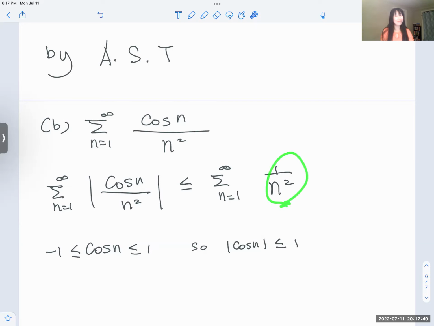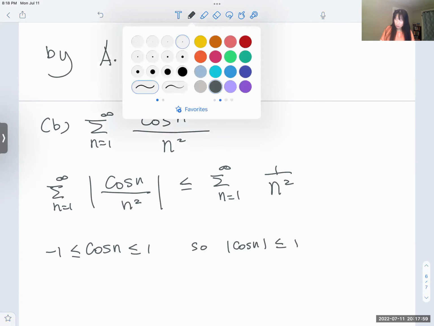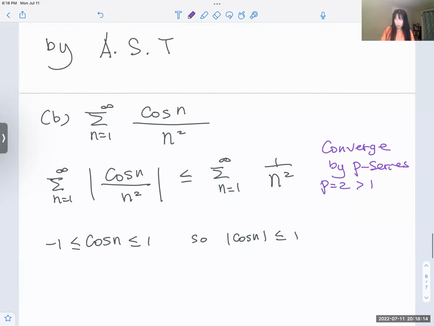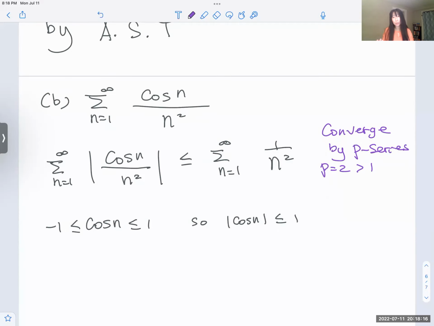Oh, no, yes, is it a p-series? It's a p-series, right? So it converges, p equals 2, greater than 1, right?